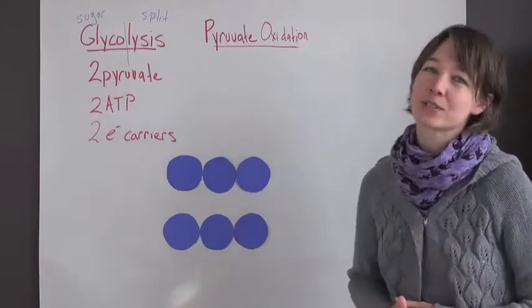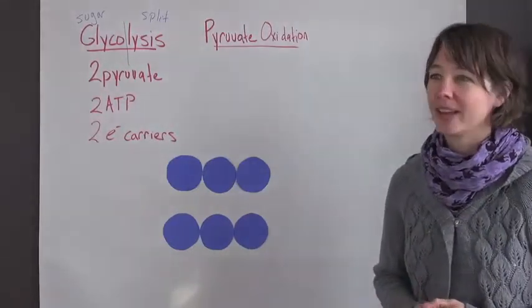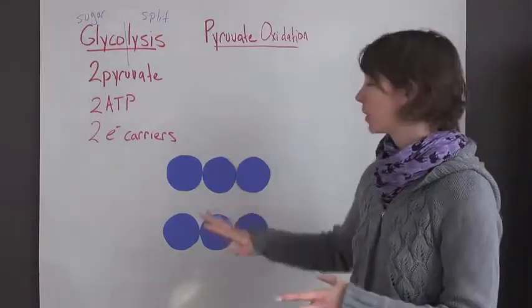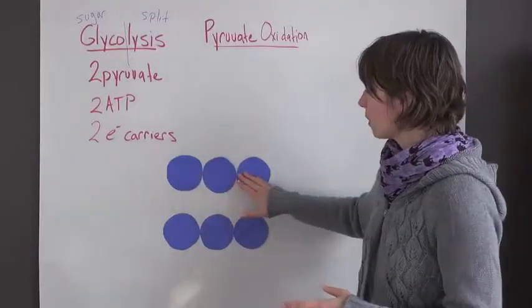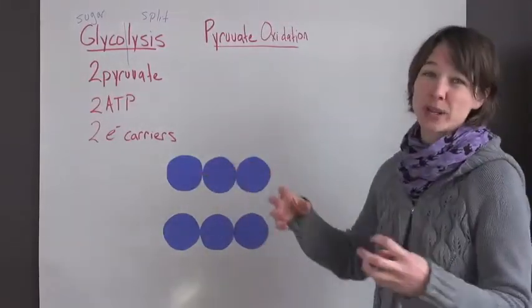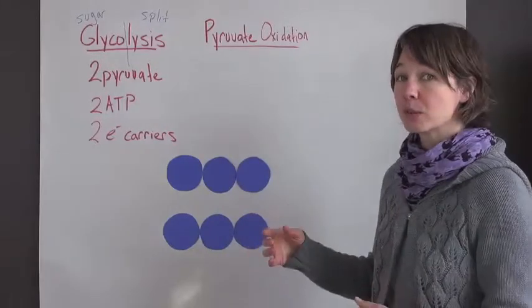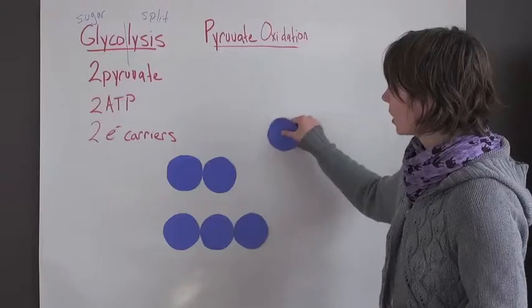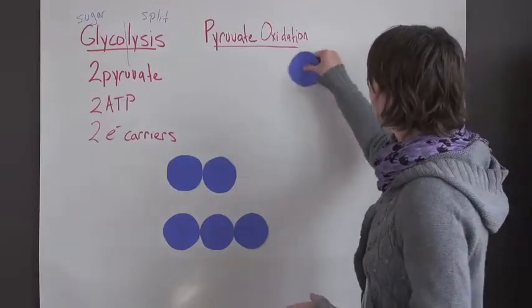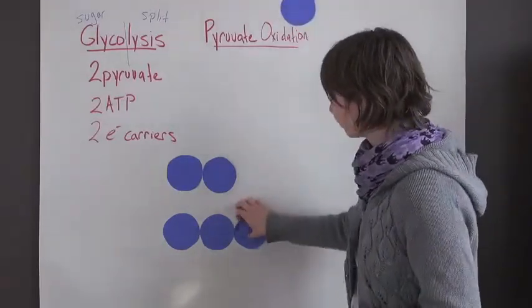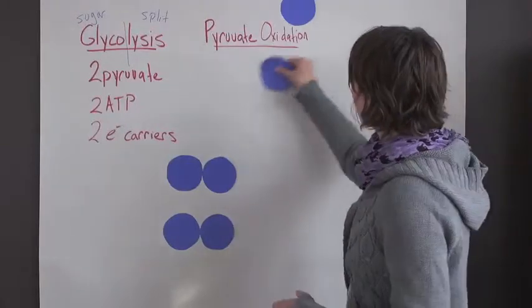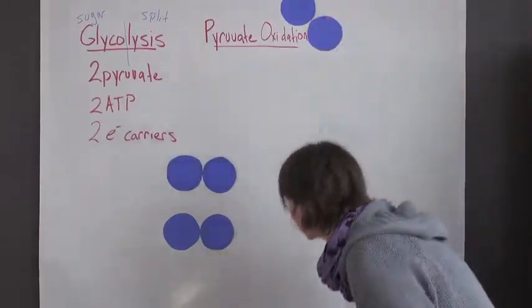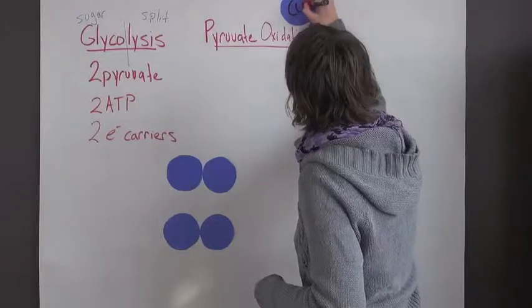The next step is called pyruvate oxidation, and that's very simply where the pyruvate, which are these 3 carbon molecules, get broken up just a little bit more. So basically what happens is that these pyruvates get one of their carbons removed, each one. These carbons, when they get removed, they become CO2.